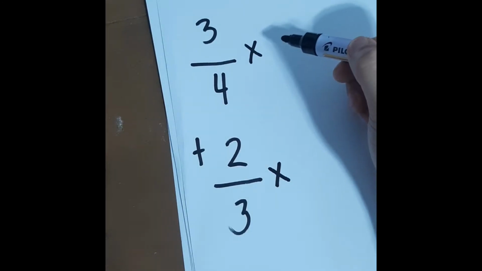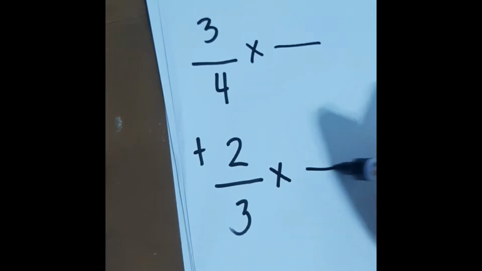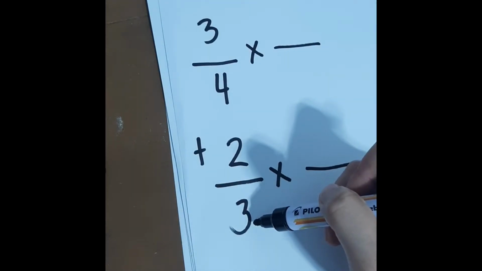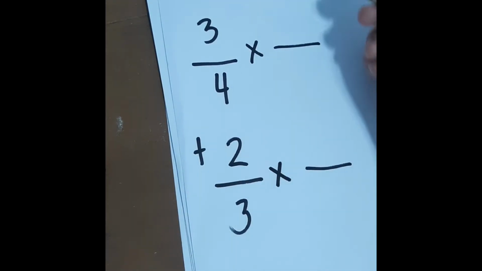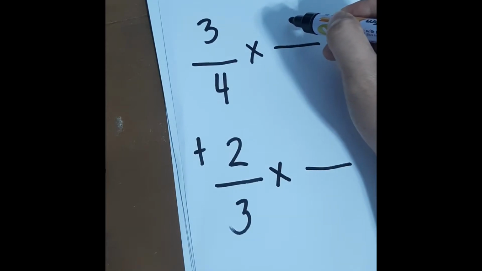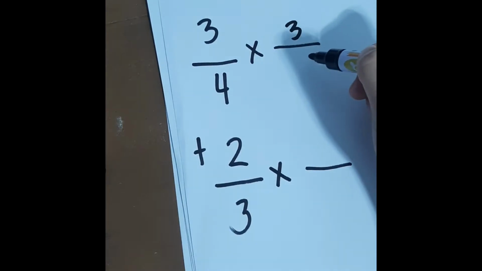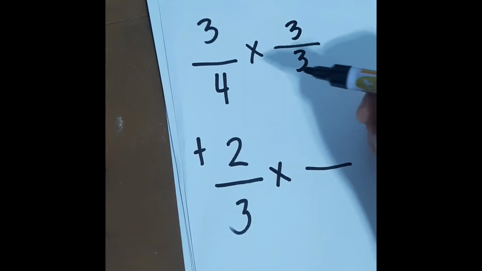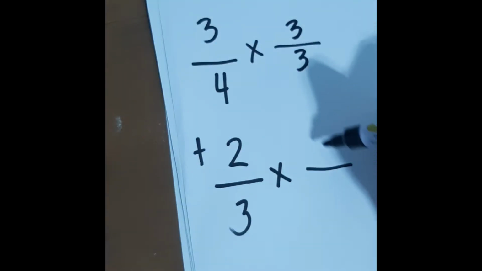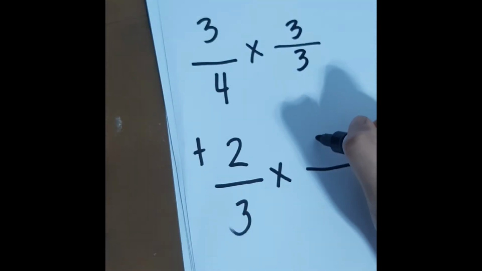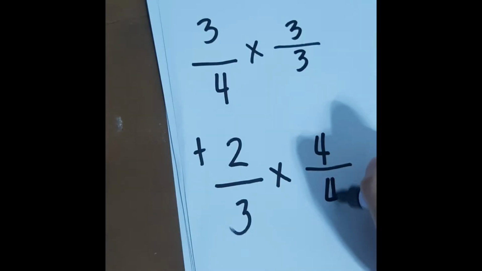Kukunin natin yung denominator dito sa baba, gagawin nating multiplicand natin sa taas. So, 3/3. Ganon din ang gagawin natin dito. Kukunin natin yung 4, gawin nating multiplicand dito sa baba.